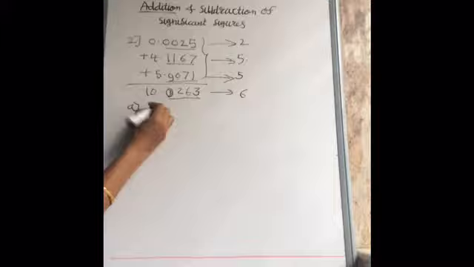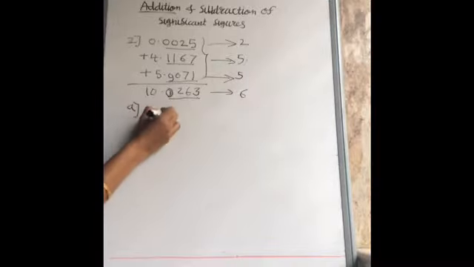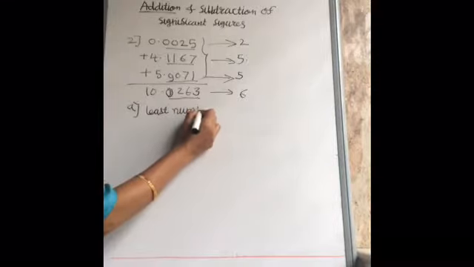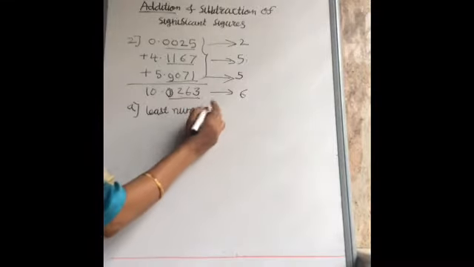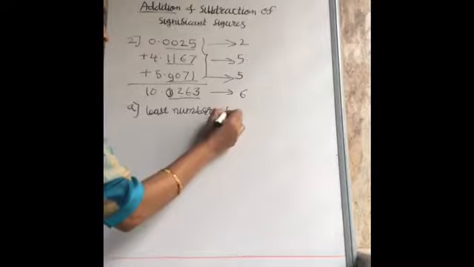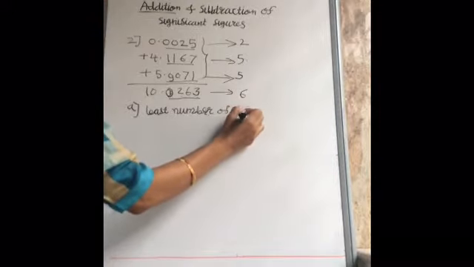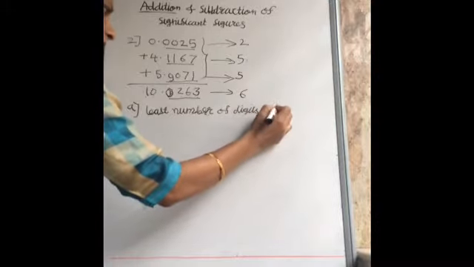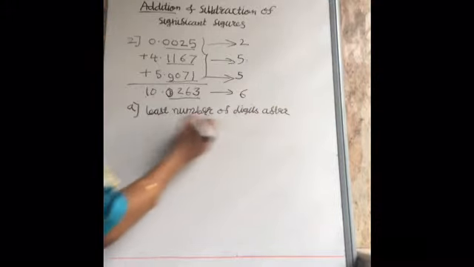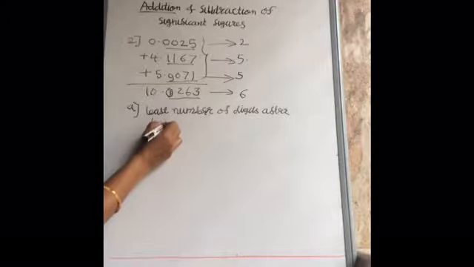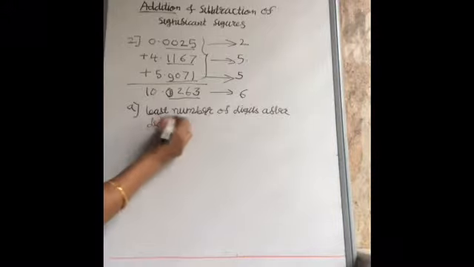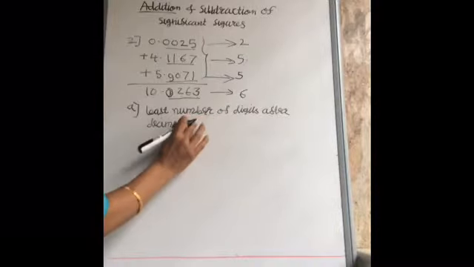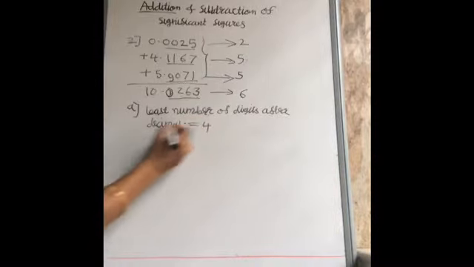The least number of digits after decimal is the same, 4 equals 4.